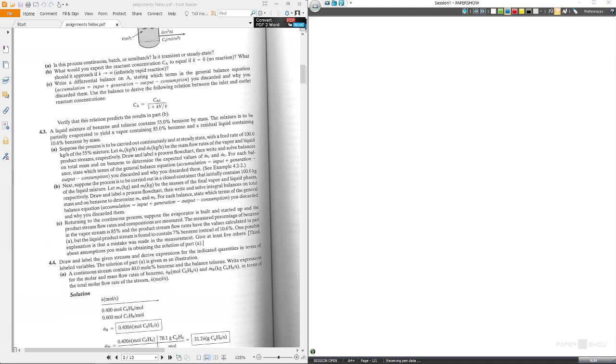We're told that we have a mixture of benzene and toluene that enters an evaporator, and we basically get a stream of vapor and a residual liquid. So how would you draw that?